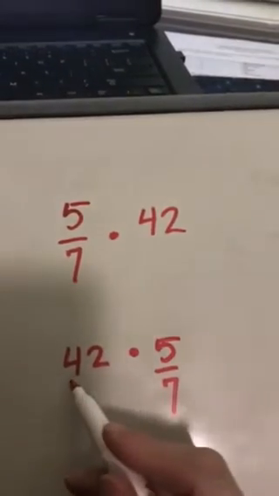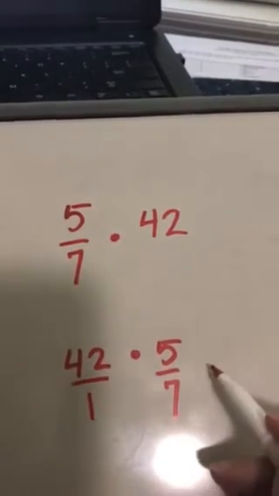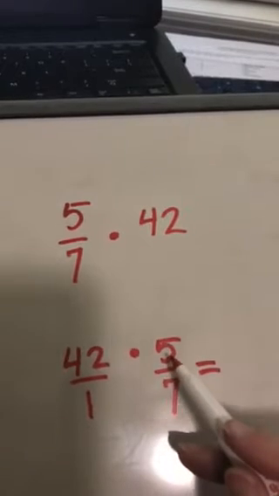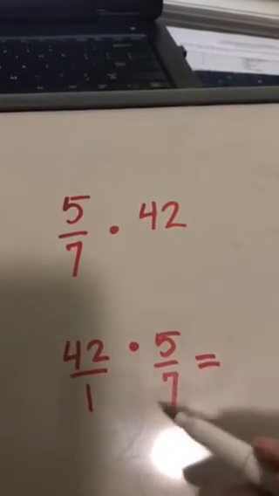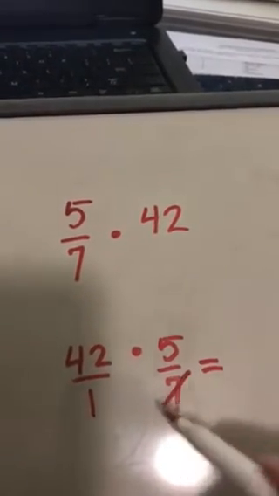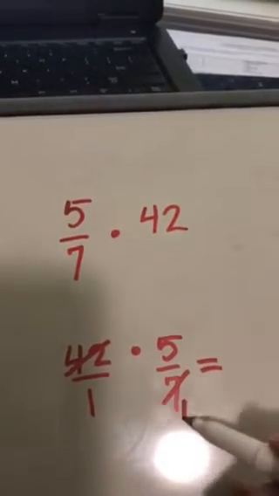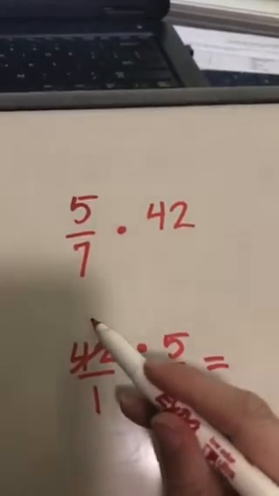We would put our whole number over 1 and we would multiply straight across. We could do 42 times 5 and then divide by 7. I like to simplify first. Since the numbers across from each other are both divisible by 7, I'm going to divide by 7.